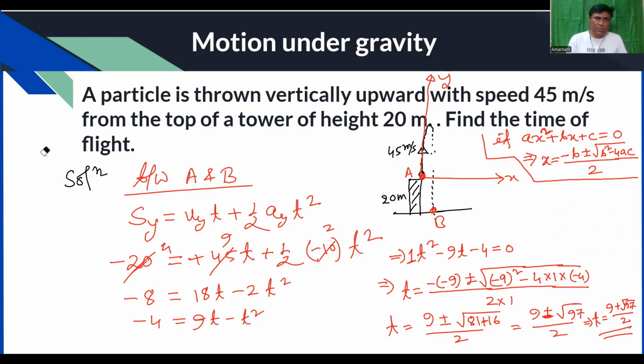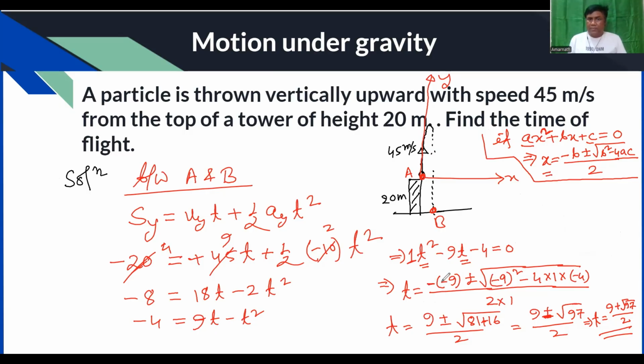You see, in my question I am having t instead of x. And in place of a, I am having 1. In place of b, I am having -9. In place of c, I am having -4. Okay. So here you see x is equal, so I am putting here t is equal.